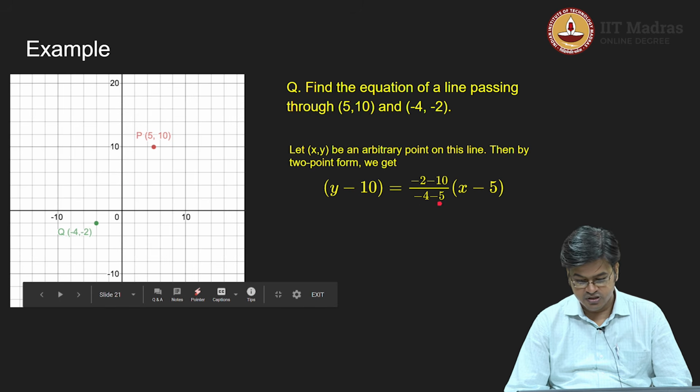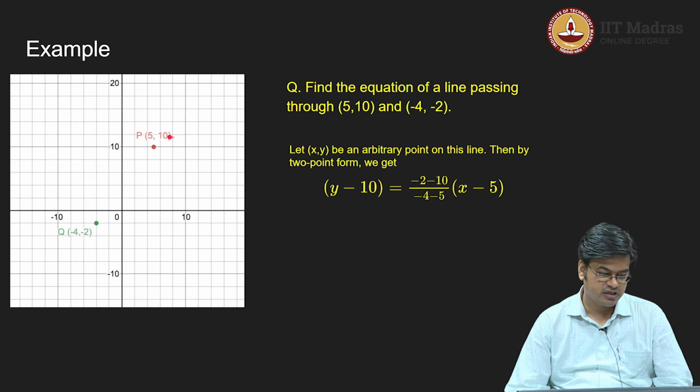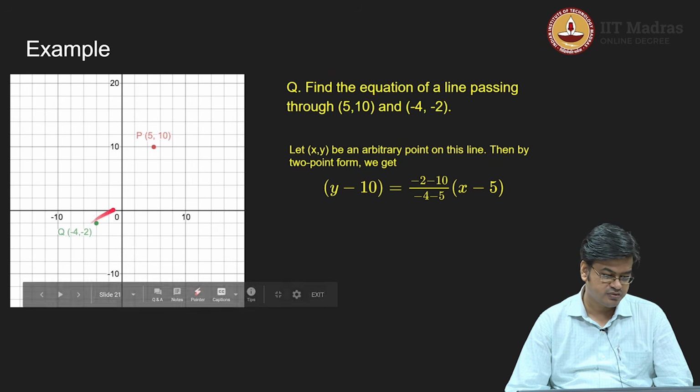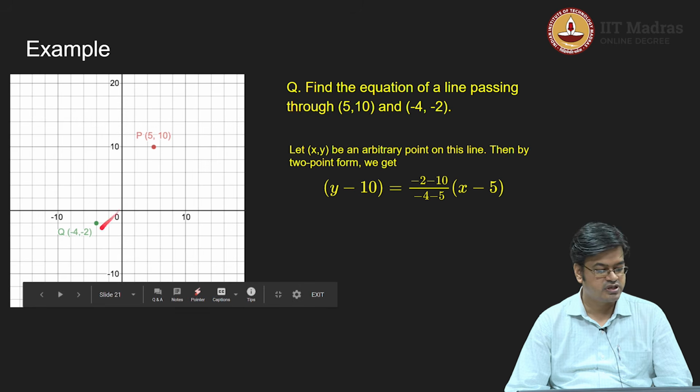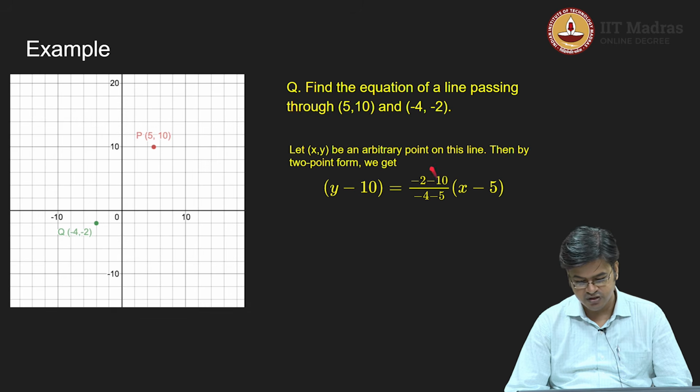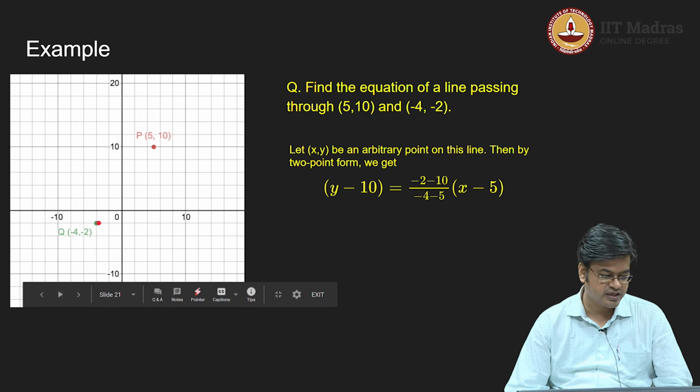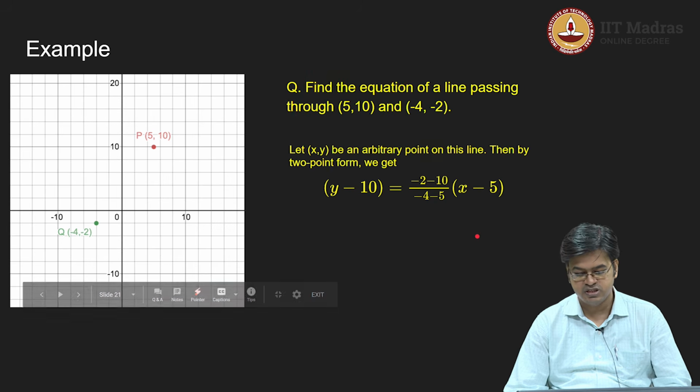See, always remember this order does not matter, I can always start with this as well. So, change in y is 10 minus -2 and change in x is 5 minus -4. In both cases my answer to this particular fraction will be 12 by 9, which is 4 by 3. So, it does not matter whether you take this as x1 y1 or you take this as x1 y1, you will always get the same answer.